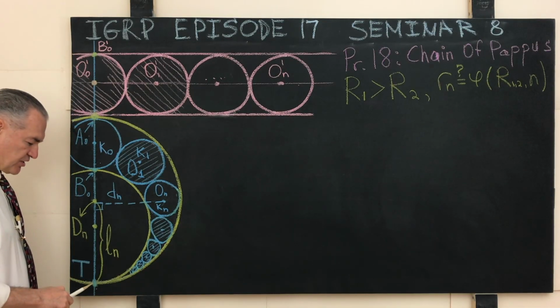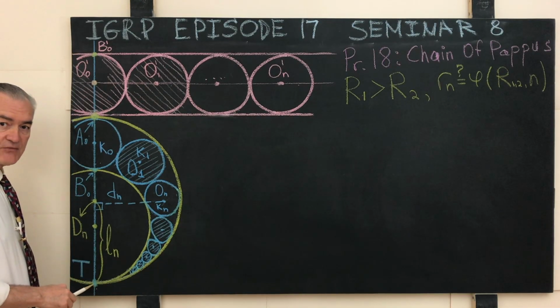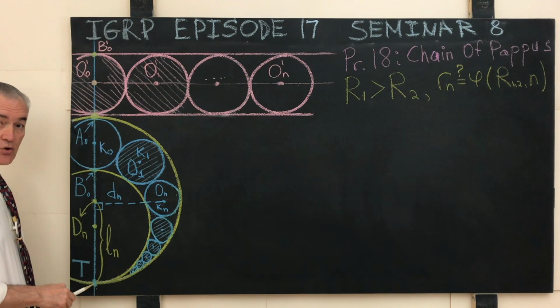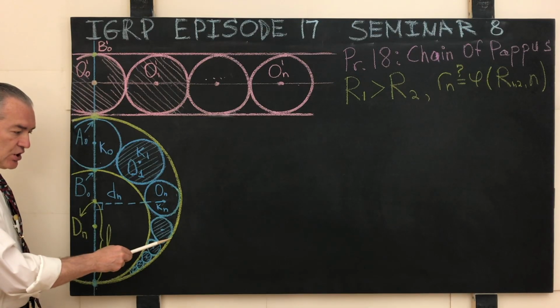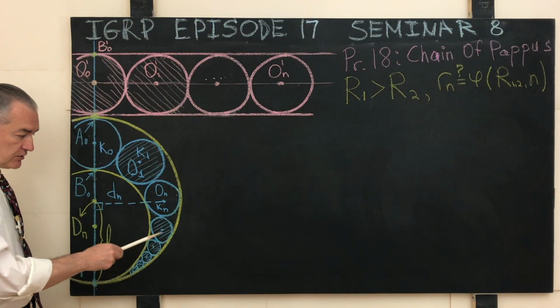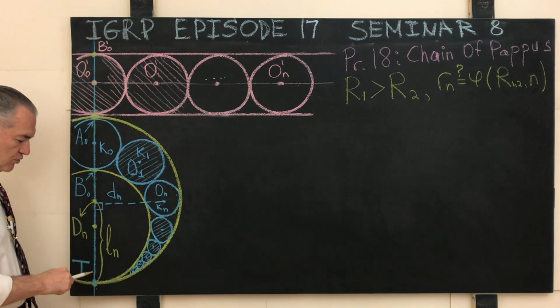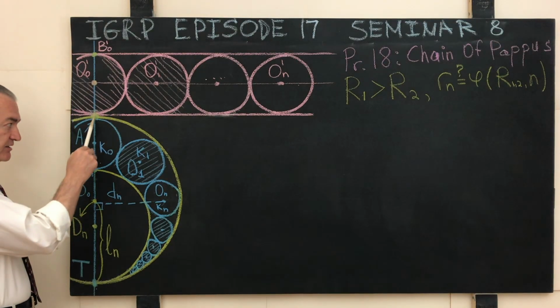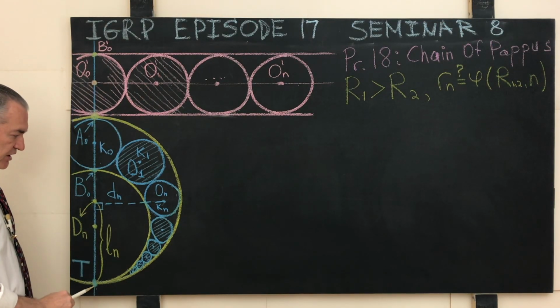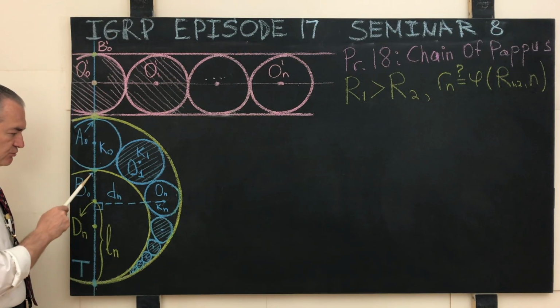Let us say that the straight line of centers, which in the book I named as lowercase l, or the straight line that passes through the centers of the generating circles Q1 and Q2, shown in blue over here, intersects our generating circles at the point B0 over here.